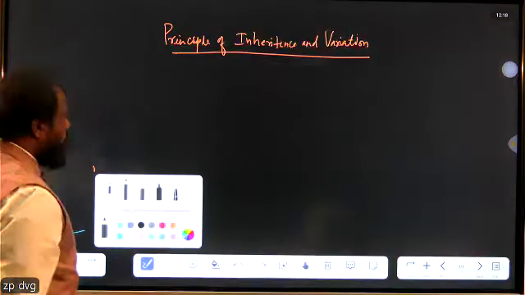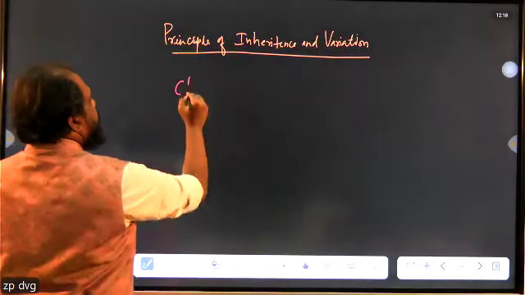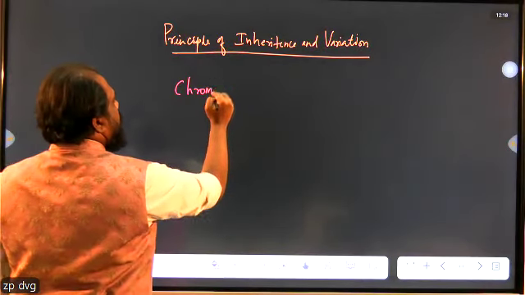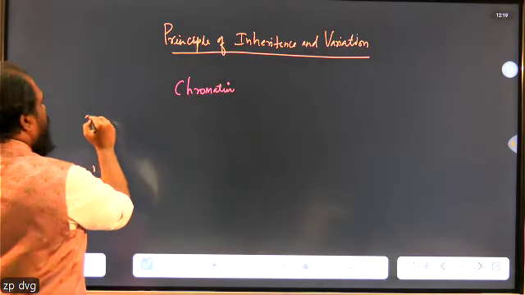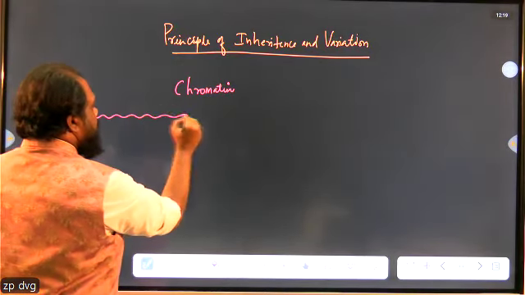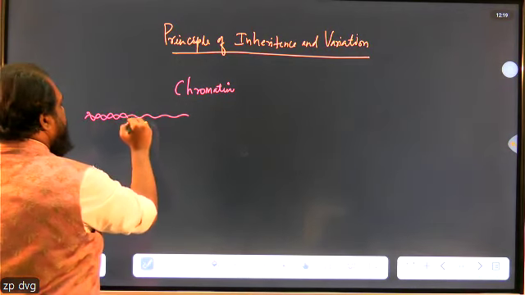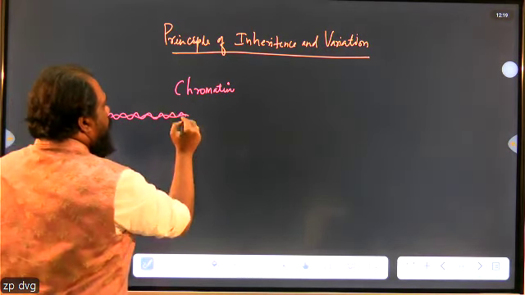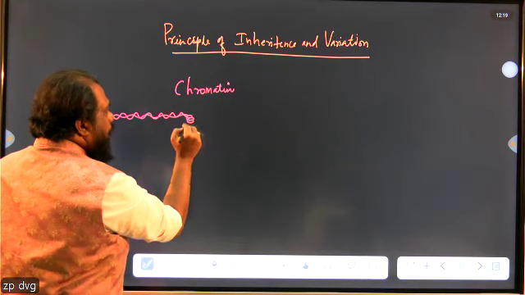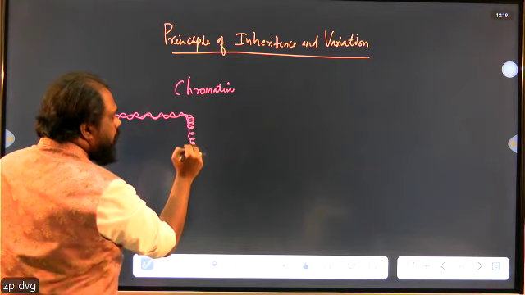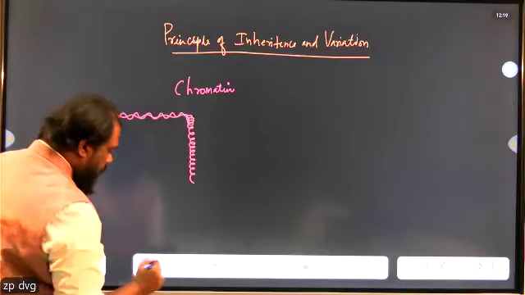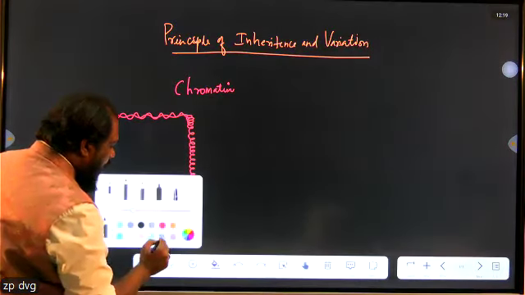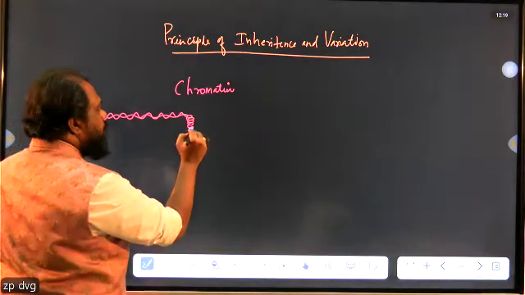Okay. I'll take this color. What is it? See, for example, I told you this is DNA. Imagine this is DNA. Now, this DNA, I am coiling it with the help of certain proteins.